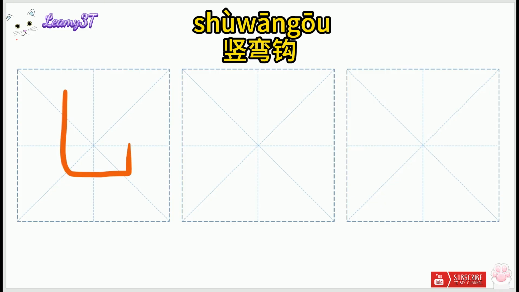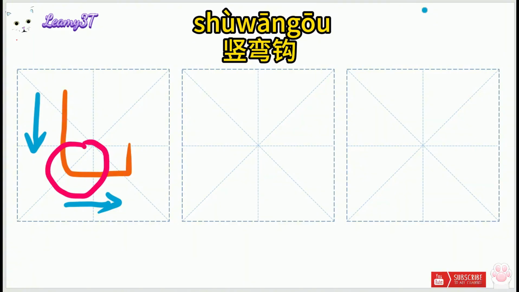The fourth stroke is shùwāngōu. By now, we know that 弯 represents smooth, curved motion. In English terms, 折 is like a fold, while 弯 is a bend. So the lower left corner of this stroke must not be sharp. It starts with a shù, then curves into a heng.